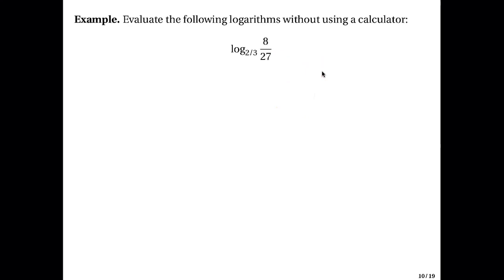Next problem here, we have log of 8 over 27 base 2/3. So similar to the previous problem, but in here, our base is 2/3, so we expect that 8 over 27 can be written as a power of 2/3.